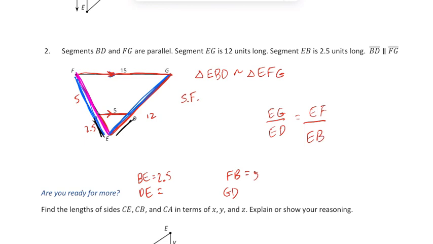And then fill in the missing values. So EG we know is 12. ED we don't know. EF is 7.5. EB is 2.5. So if you cross multiply, you're gonna get a value of ED is equal to 4. All right, and that's the same as DE. And then DG, if ED is 4, then DG will be 8. Okay, so you're just setting up ratios to find missing sides.